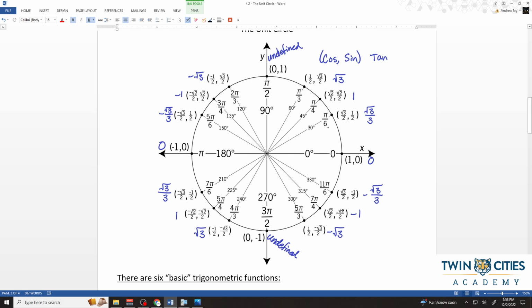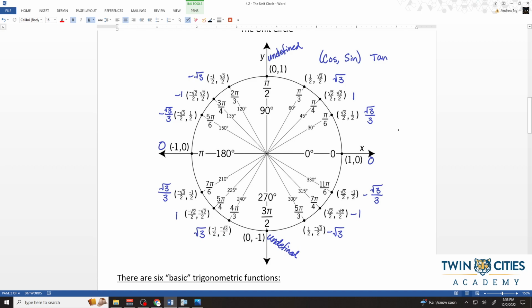In radians, that's π/6. This point, (√2/2, √2/2), creates a 45-degree angle. In radians, that's π/4. And this point, (1/2, √3/2), is a 60-degree angle. In radian measure, that's π/3.